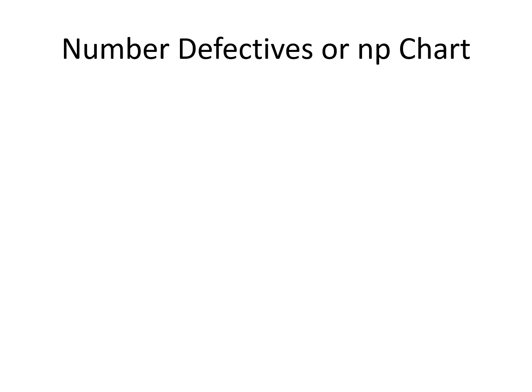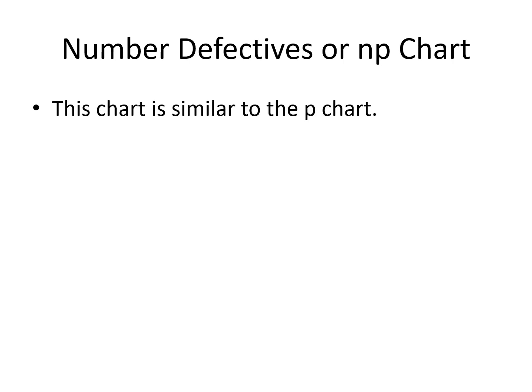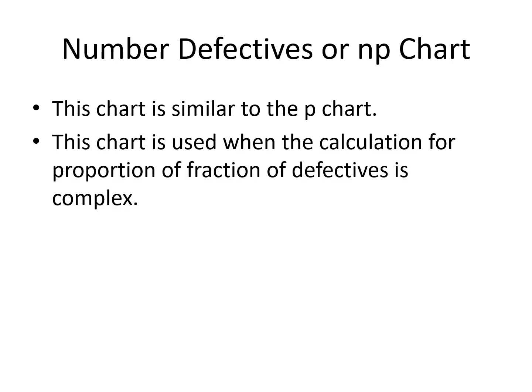So now let us come to the second chart, which is the number defective chart or the NP chart. This chart is quite similar to the P bar chart or the fraction defective chart. In the last exercise that we just discussed, we saw that handling fractions or decimal points was cumbersome.